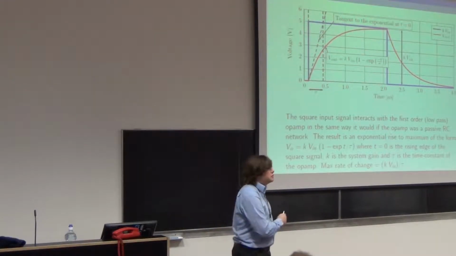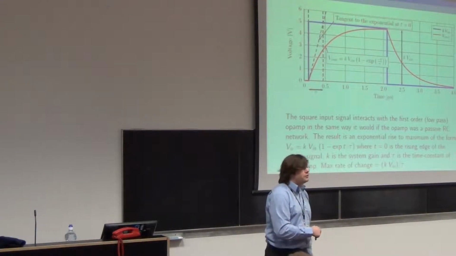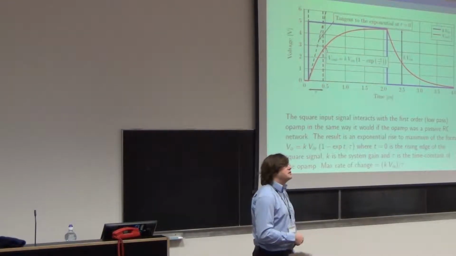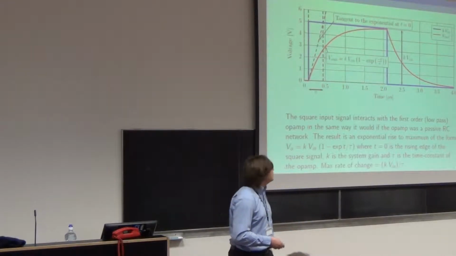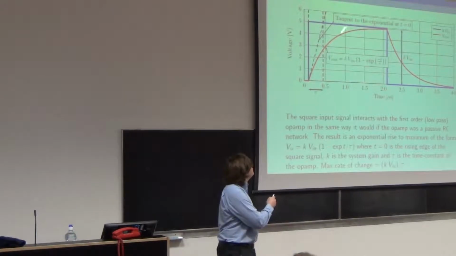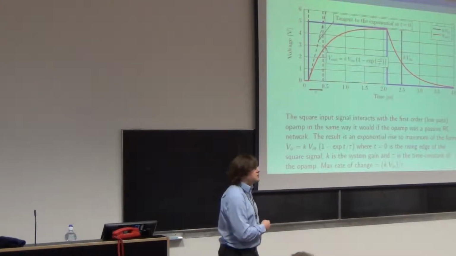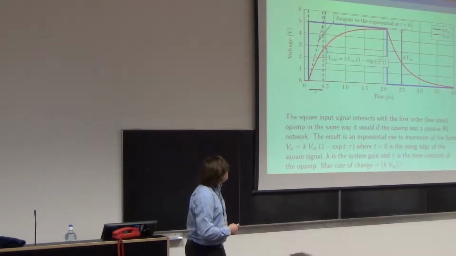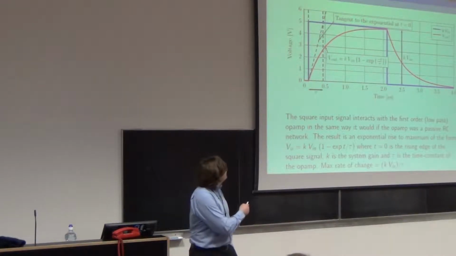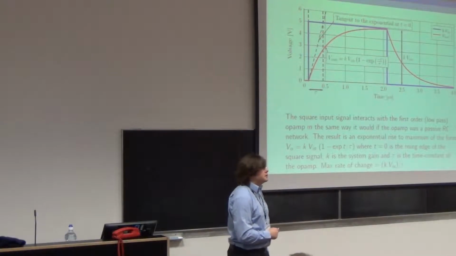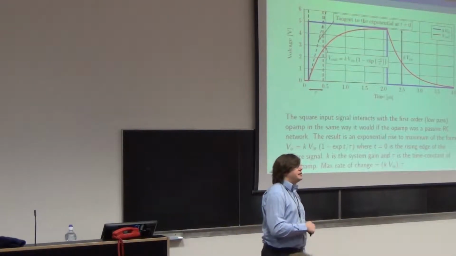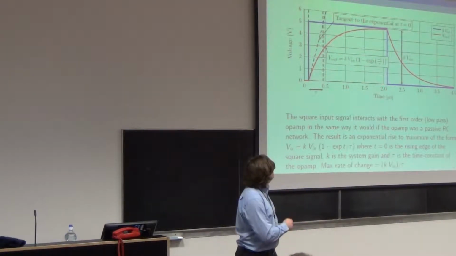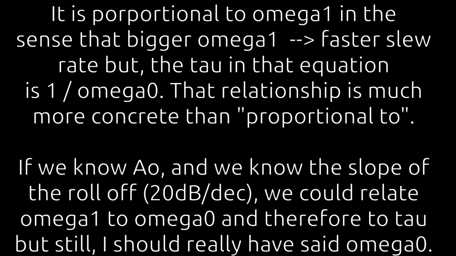And the shape, assuming your op-amp is first order, which of course secretly it's not, but we compensate it to make it seem like it is, you ought to get a first order system response, and the system is low pass. So we'll end up with an exponential that follows the usual shape, where k is your system gain, so it's proportional to A0, which is your DC gain, and tau is proportional to your omega 1.